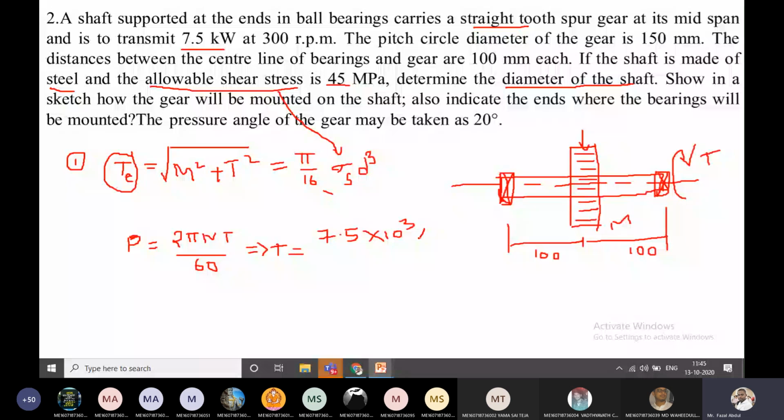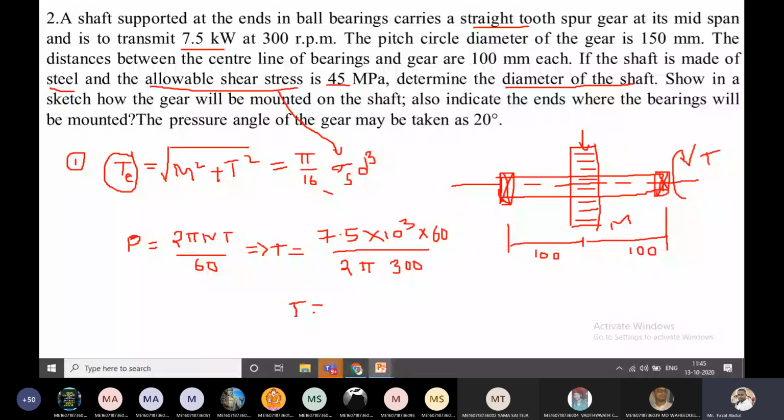N value, how much is given in the question? 300. N value is 300. Now tell me the torque value. Torque value is 238.7 Newton meter.